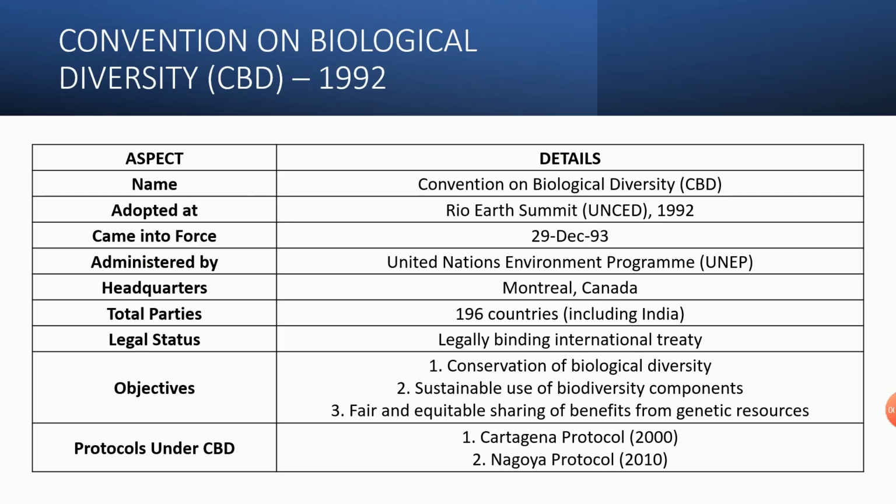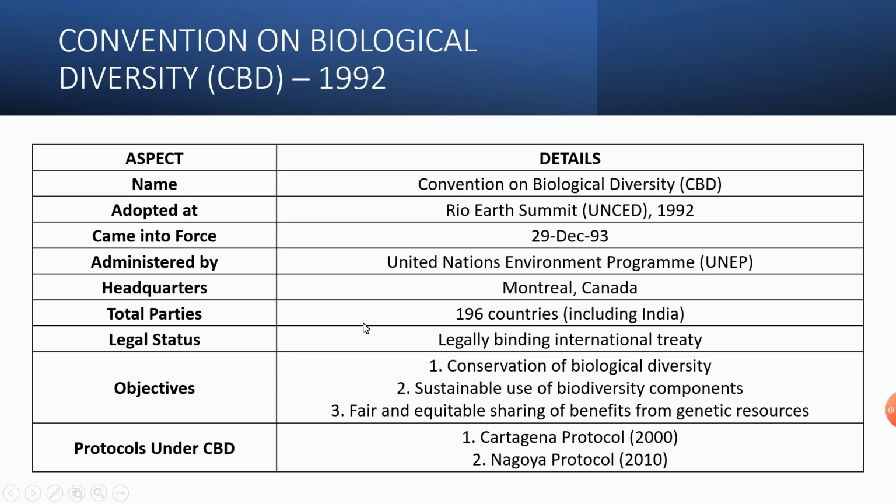The total parties in this Convention on Biological Diversity are 196 countries, India also included. Objectives: first is conservation of biological diversity, second is sustainable use of biodiversity components, third is fair and equitable sharing of benefits from genetic resources.